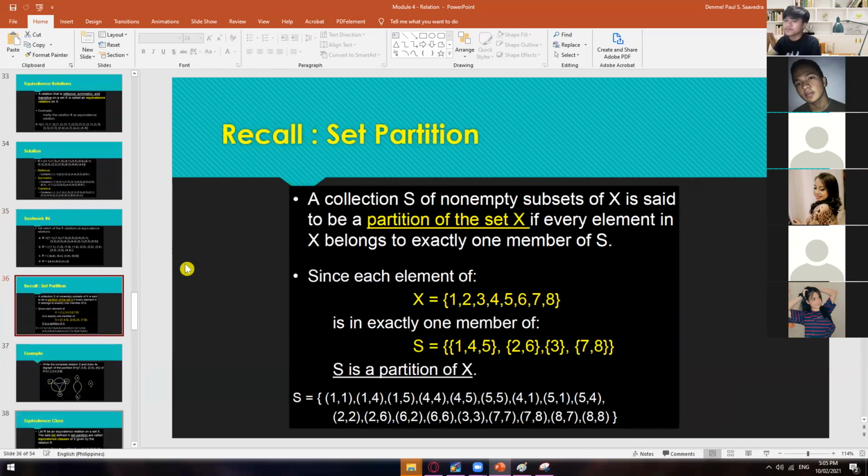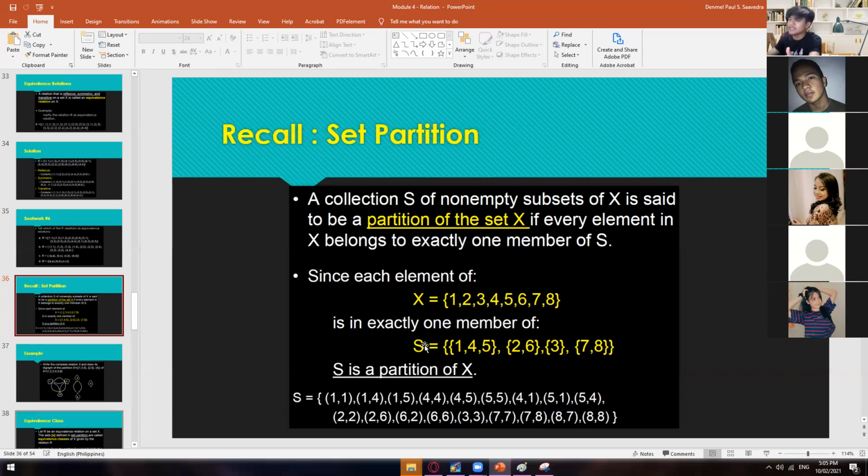All right, the next one here is set partition. When we say set partition, it is a partition under a certain set. For example, we have here X, which is your superset, containing all of the elements 1, 2, 3, 4, 5, 6, 7, 8.